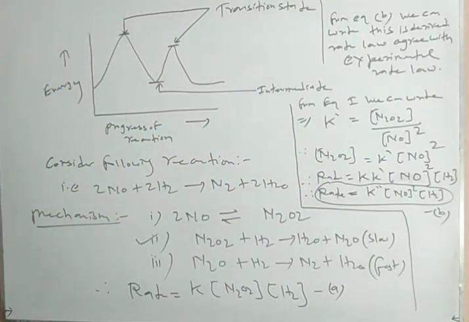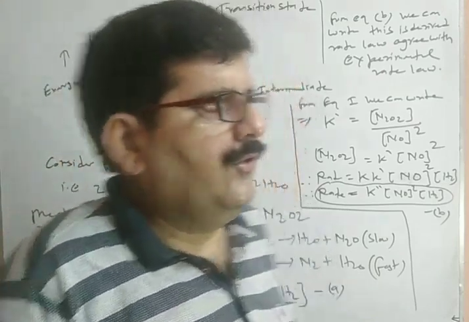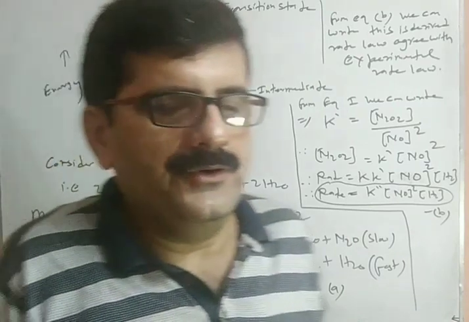One thing always remember, for complex pattern of reaction, order of reaction can be 0, maybe gives fractional value, or sometime negative in nature. Our next important heading is molecularity.